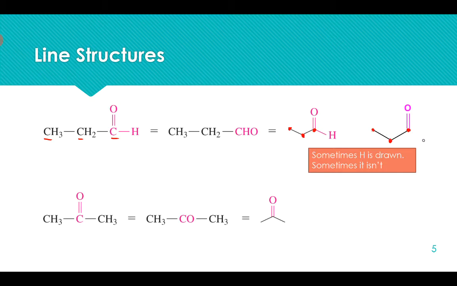This hydrogen right here doesn't have to be drawn because it's bonded to a carbon. So if you ever see this carbonyl hanging off of the end of a molecule, it must be an aldehyde, because that fourth bond to a hydrogen is not drawn. Oftentimes it is drawn, but it's not necessary. So sometimes it's drawn, sometimes it's not.